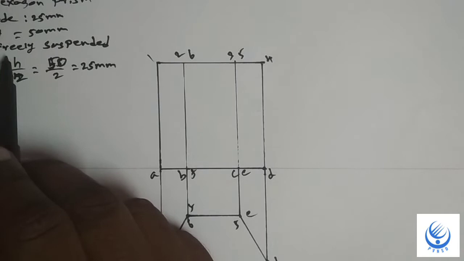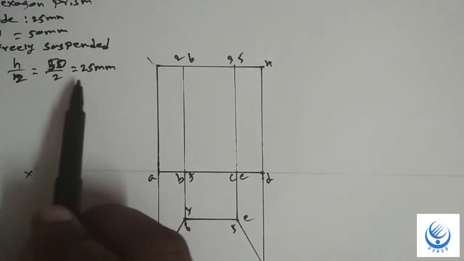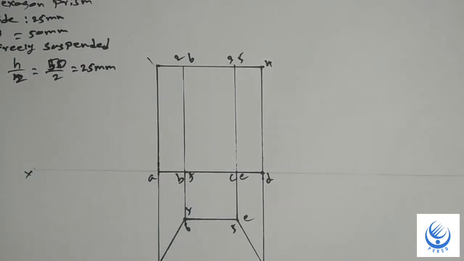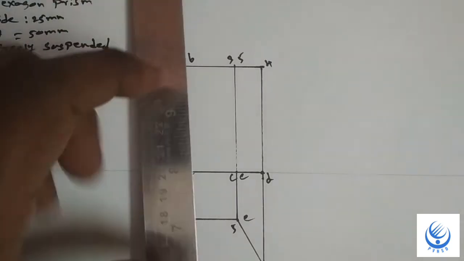The next is the freely suspended condition. The freely suspended distance is 25 mm. Next, draw the center line.